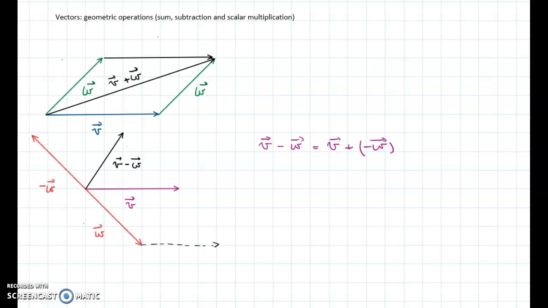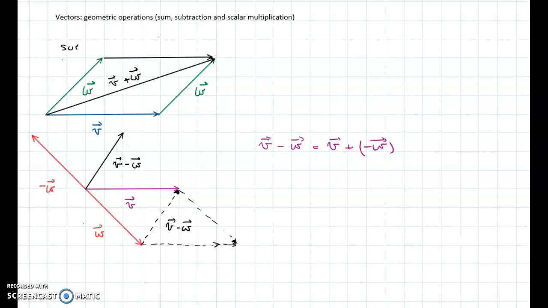That will be my parallelogram. So if I wanted to sum, I would take the main diagonal of the parallelogram. But because I want to find the difference, I need to consider this other diagonal instead. So this is another way of achieving v minus w.